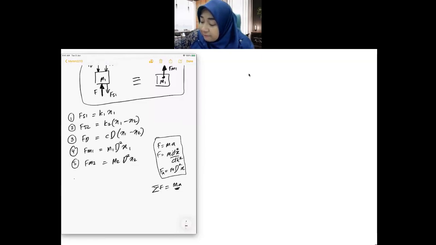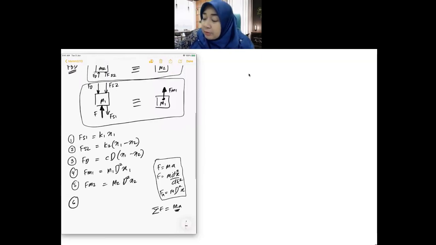So for equation 6, going up as positive, therefore the force is a positive term, and then Fs1 is negative, Fs2 is negative, and FD is negative. Minus FD equals the summation of forces, which equals FM1, which of course is M d squared x1.